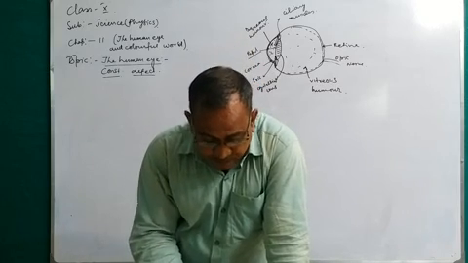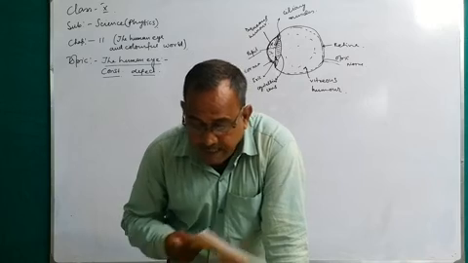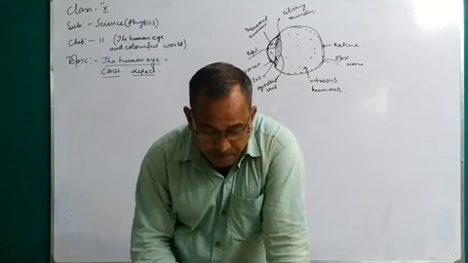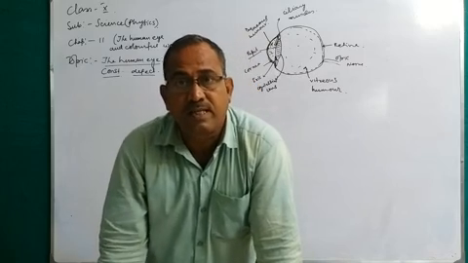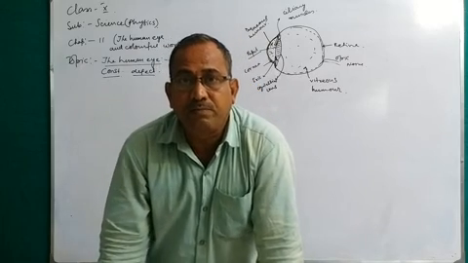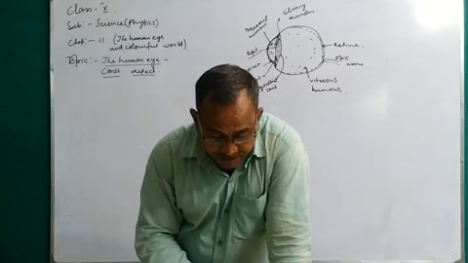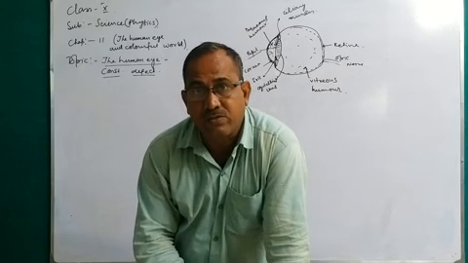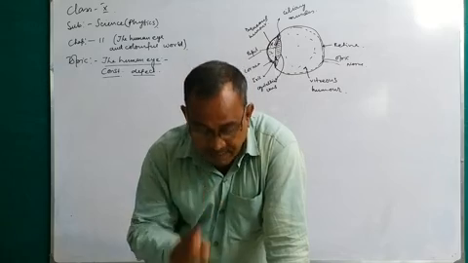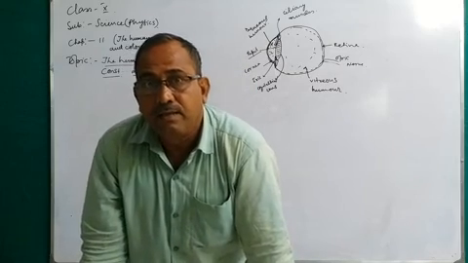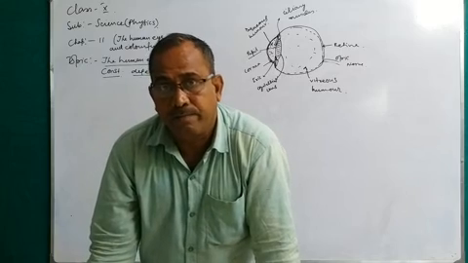So the next part in the human eye, from your NCERT book, is power of accommodation. This is the definition. You remember it for a 1 mark question. Power of accommodation: the ability of the eye lens to adjust its focal length is called the power of accommodation.